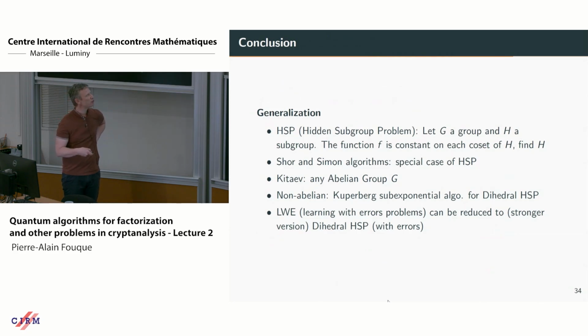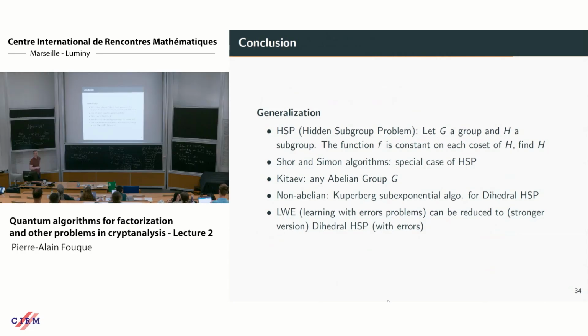It is possible to reduce the resolution of LWE not exactly to the dihedral HSP problem, because if that were the case, you would have a sub-exponential algorithm to solve LWE. But it is a stronger version of the dihedral problem, because for the dihedral problem, you don't have too many errors.